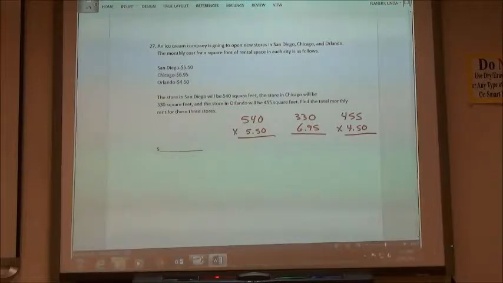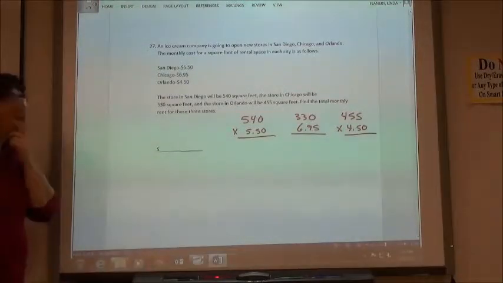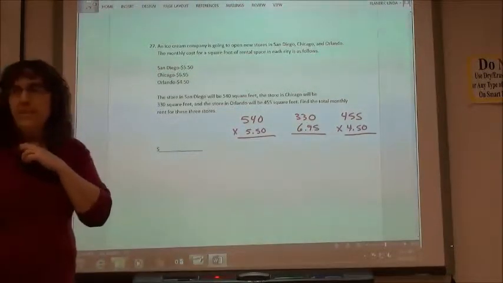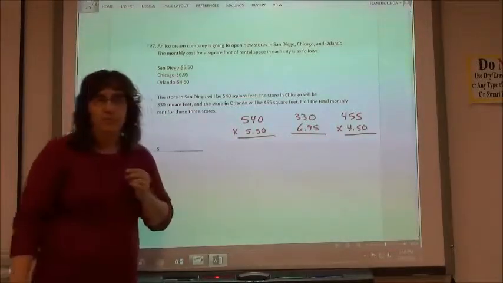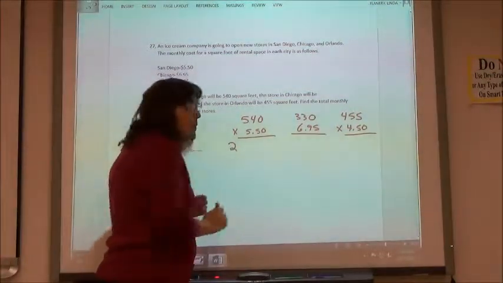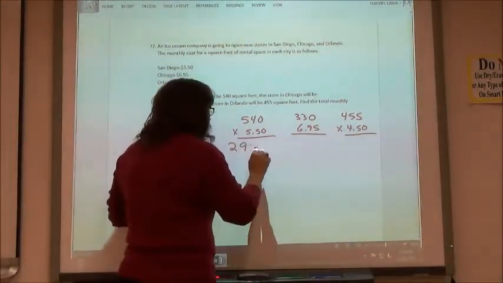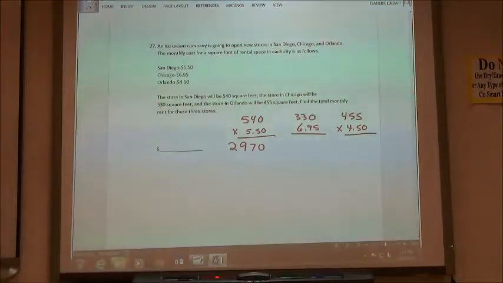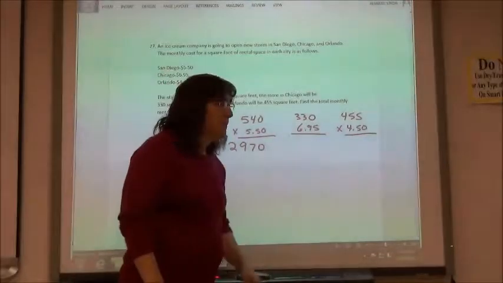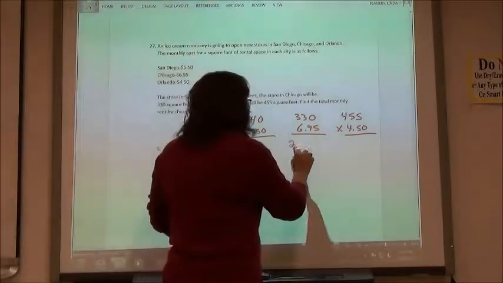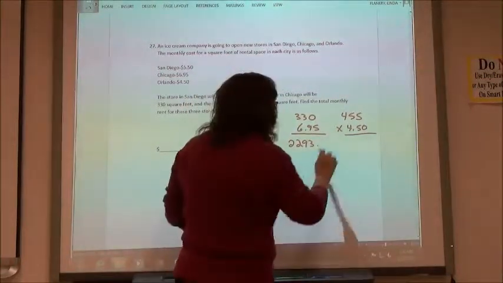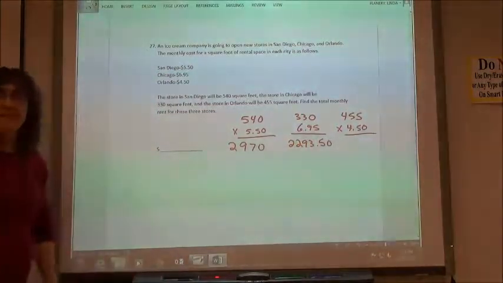Go ahead, use your calculator to multiply those. If you really want to do it on your paper. 540 times $5.50 is 2,970. Came out even, huh? 330 times 6.95 is $2,293.50.